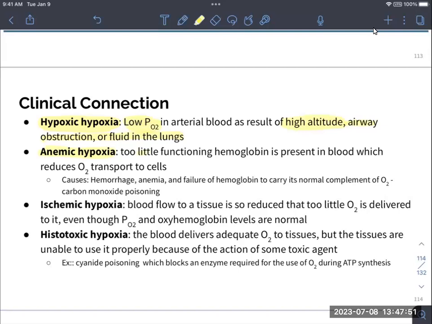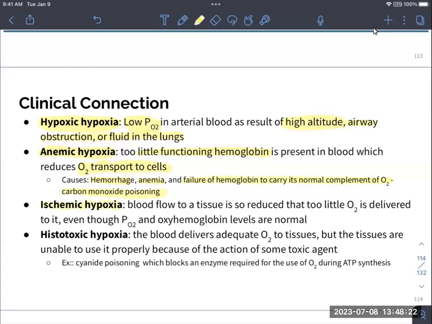There's not enough functioning hemoglobin, and that in turn reduces the amount of oxygen that we can carry to our cells. A hemorrhage, you lose too much blood. Anemia, not enough red blood cells. There's even failure of that hemoglobin to carry its normal complement of oxygen. Carbon monoxide poisoning is another one.